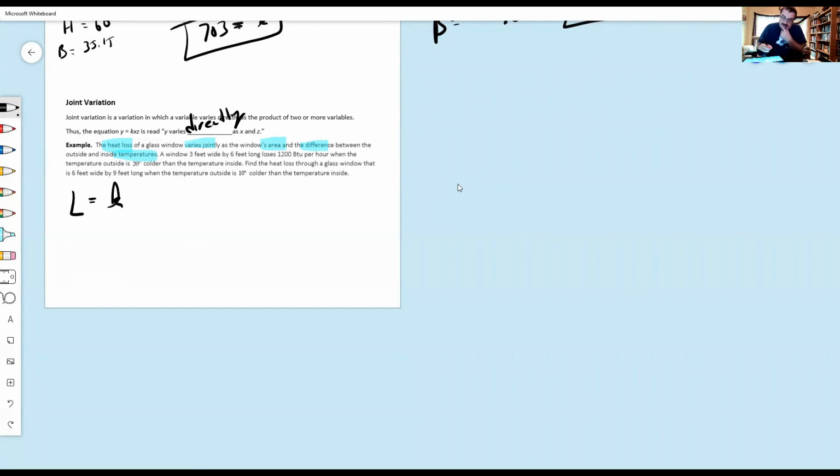So K times the area, capital A, times the temperature difference. I'll just call it T. Now I need to find K. I need something that gives me area, temperature difference, and heat loss.